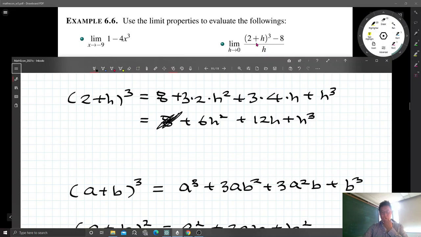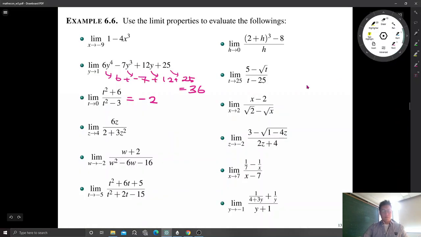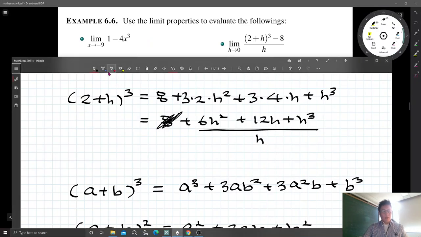We divide by the variable h, because although h goes to 0, that is the limit, meaning that h is not equal to 0, but h is some number very close to 0. So that allows us to divide this expression by h to get 6h plus 12 plus h squared.